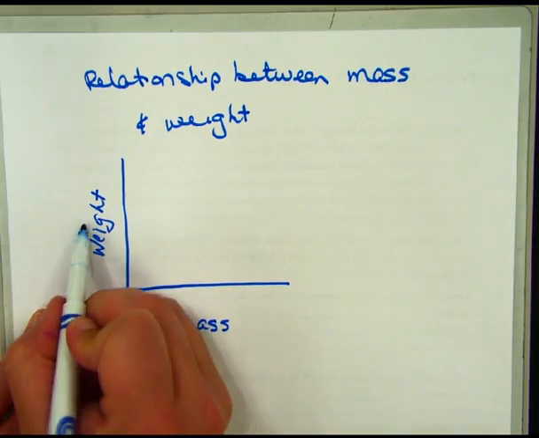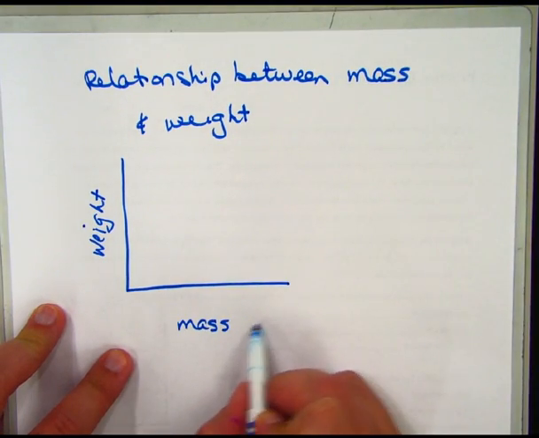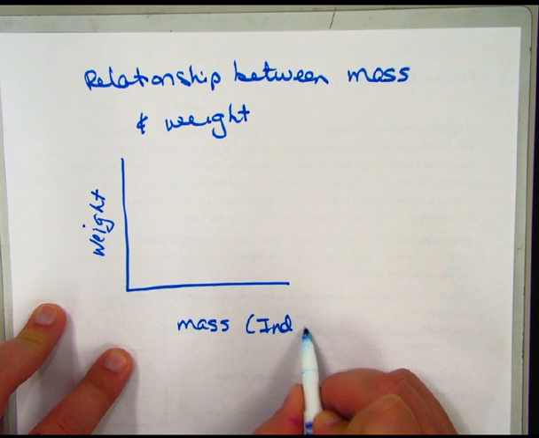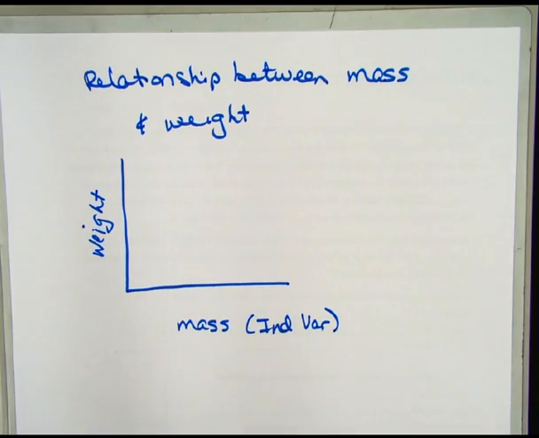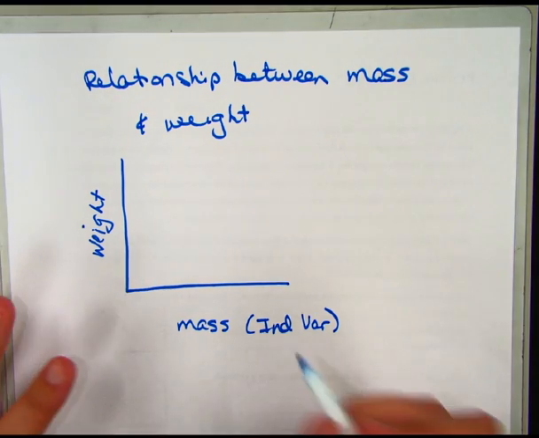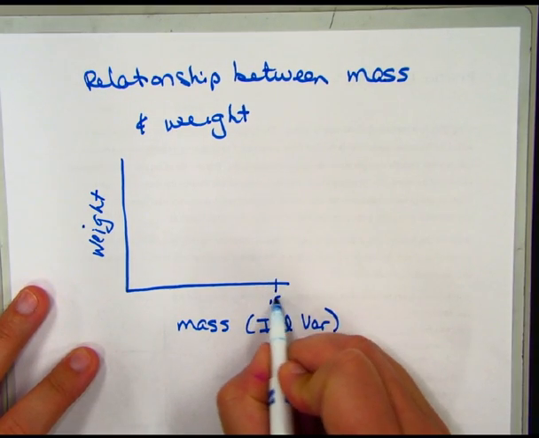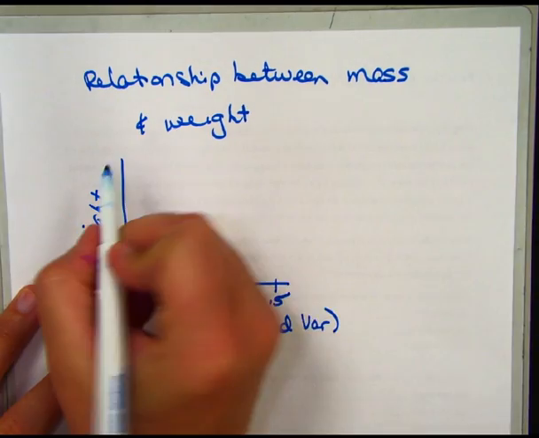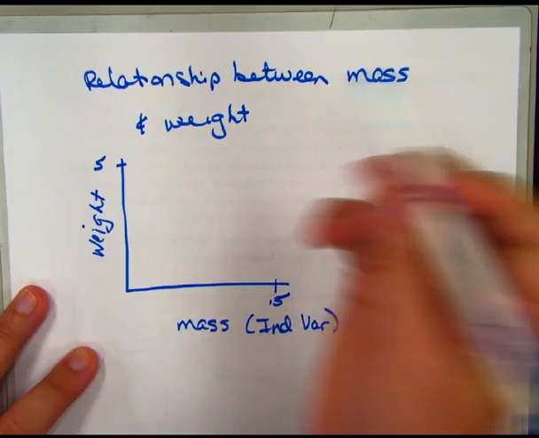Now, mass was our independent variable because what we were changing from trial to trial was the amount of beans in the bag. And in order to have weight, we have to have mass. So that makes mass our independent variable. And our mass went up to 0.5 kilograms, and our weight went up to 5 newtons.